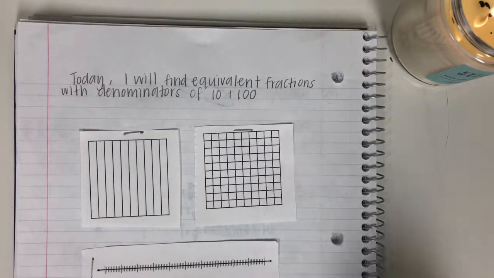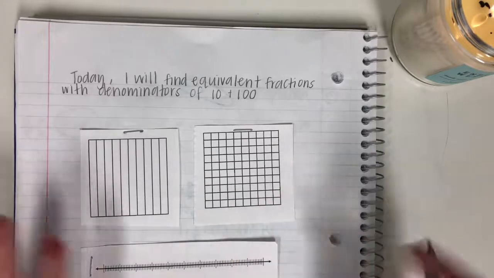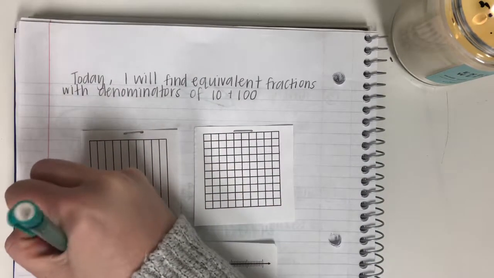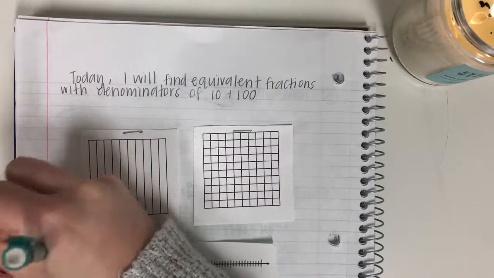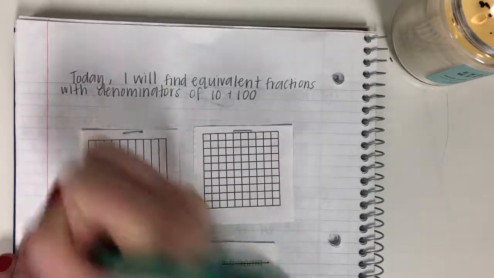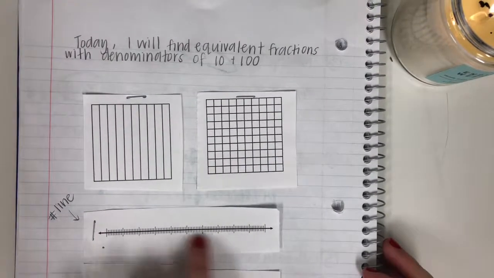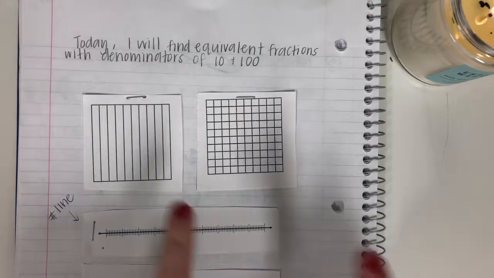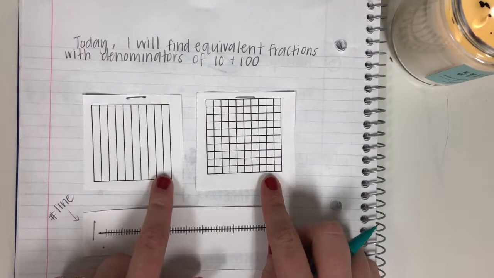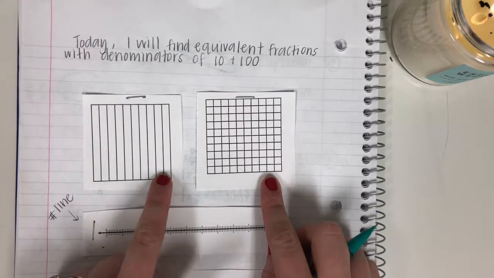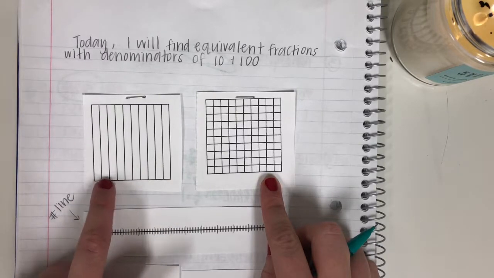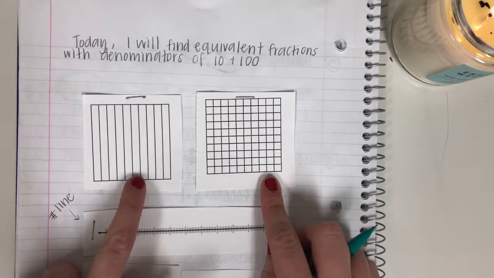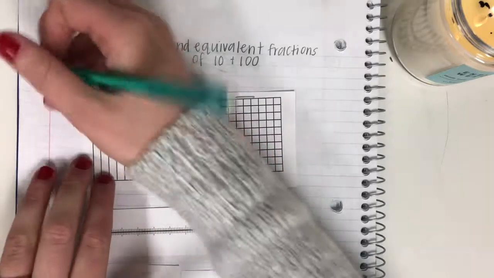Okay, so first we want to look at what are we kind of looking at? Well, we know this is a number line. So when we're using this, we're going to represent numbers on a number line. These two look a little different. So these are area models, but this one is out of 1, 2, 3, 4, 5, 6, 7, 8, 9, 10.